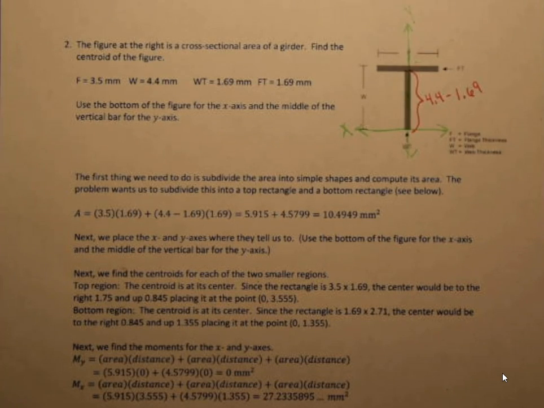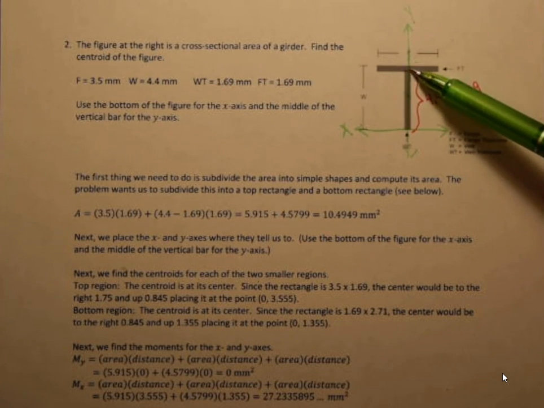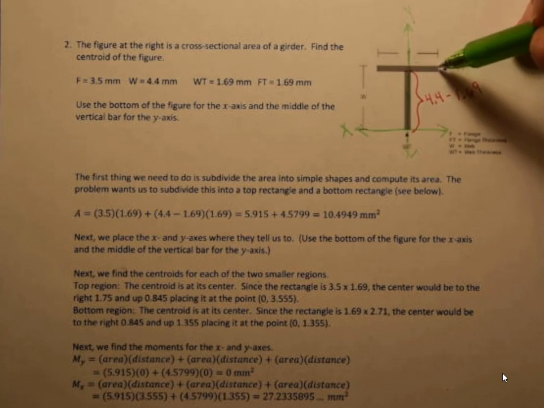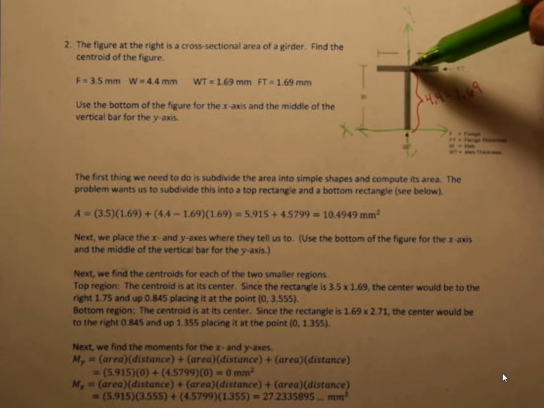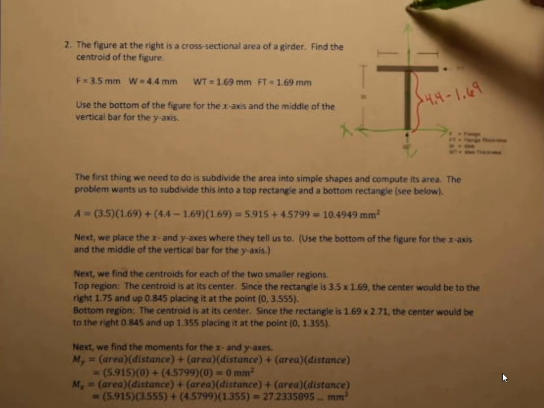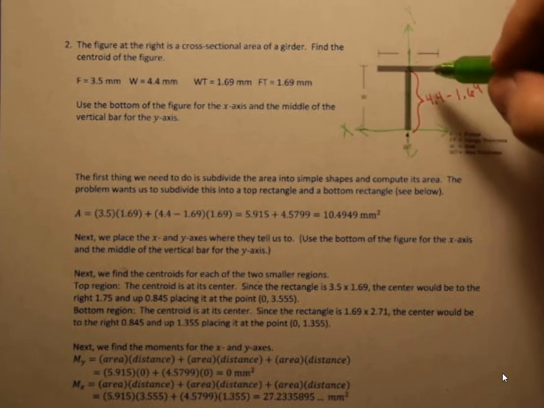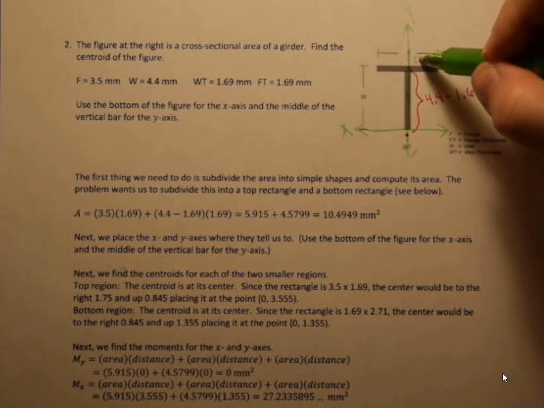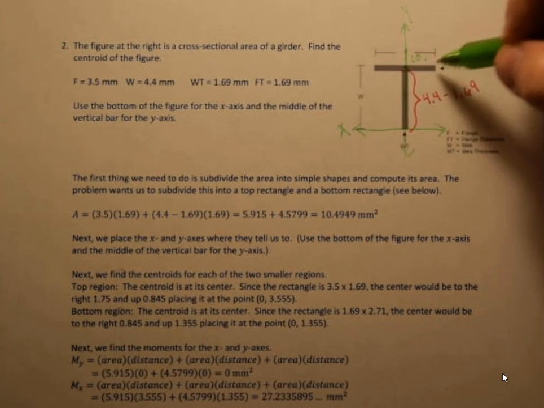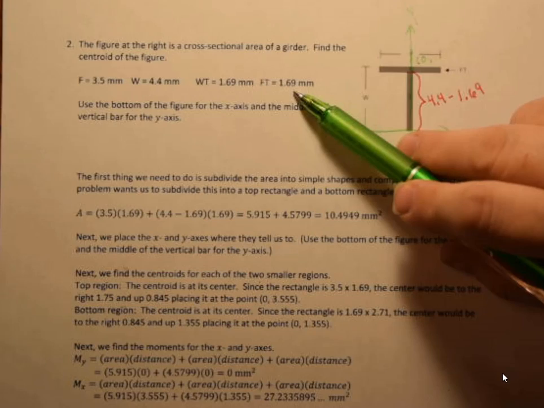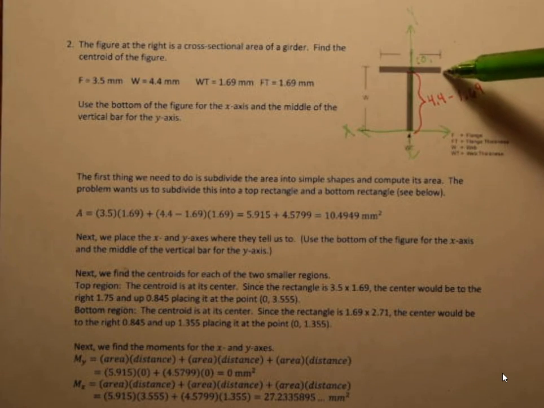Well, the first thing we need to do is find the centroid for this top rectangle. Left to right, we're going to go in the middle, and in the middle is where the y-axis is. So if the centroid is there, our x-coordinate is going to be 0 because we're not going to go left or right any. And then how far up do we go? Well, we know FT is 1.69 millimeters, so we would go up half that distance for the middle.